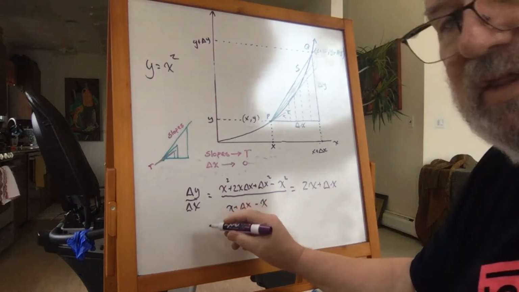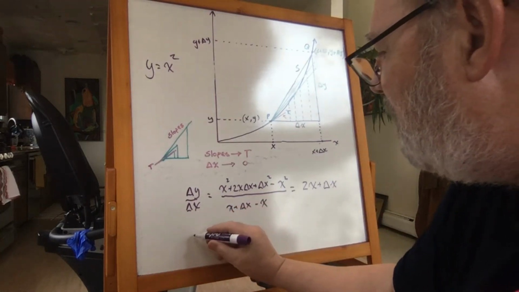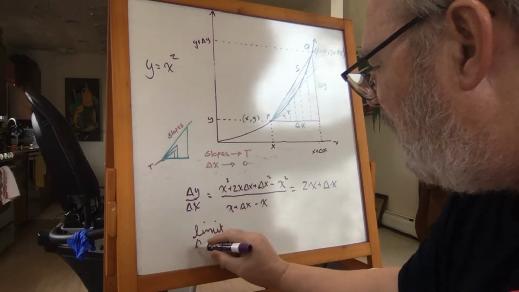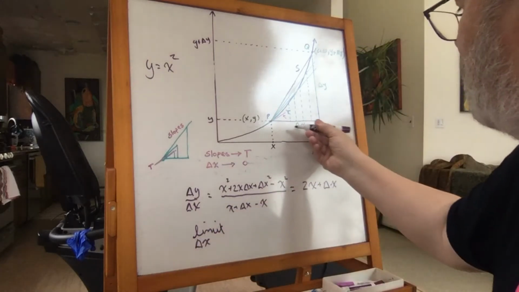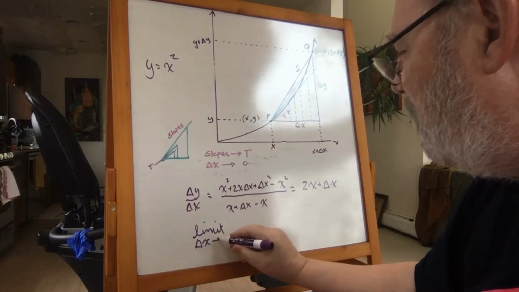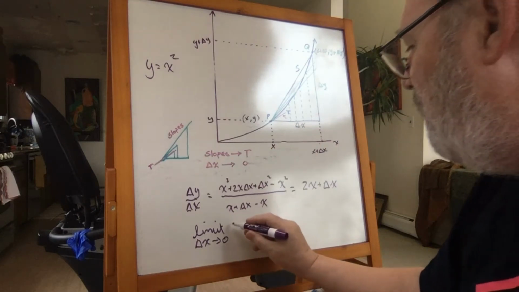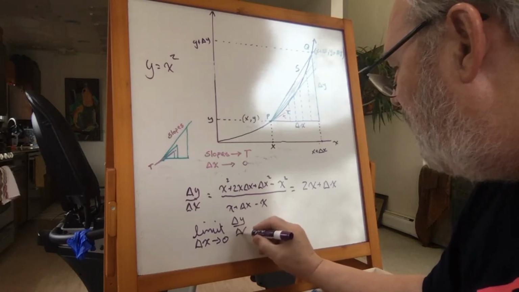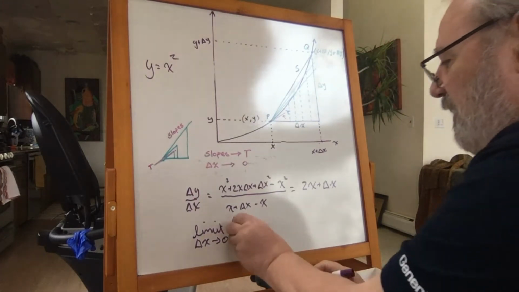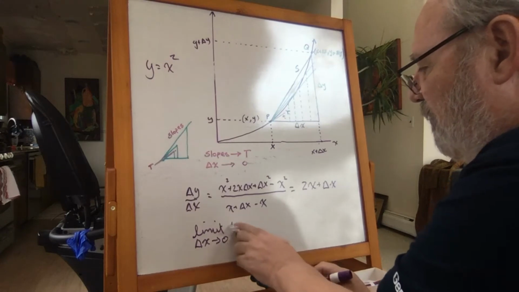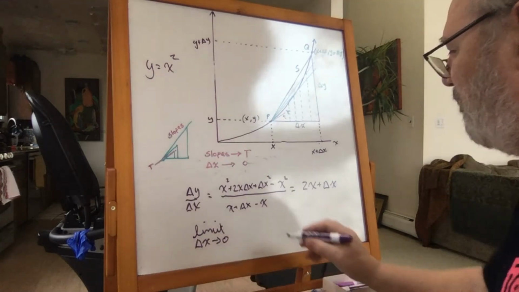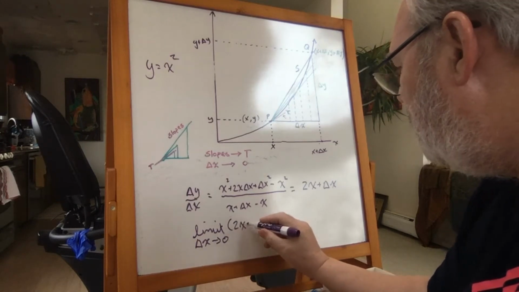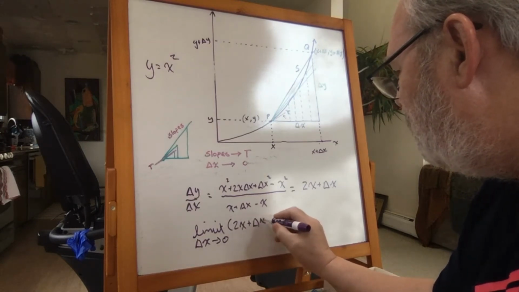So when we take the limit as delta x goes to 0 of delta y over delta x, we're taking the limit, really, of this function, 2x plus delta x.